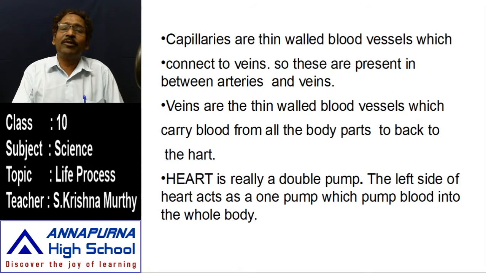Previously I told you about the capillaries, minute hair-like projections, and the capillaries are connected to veins. Once the blood is received by the veins, from the veins that blood is again sent into the heart. So capillaries are present in between arteries and veins. What are capillaries? Capillaries are the middle parts of the arteries and veins.